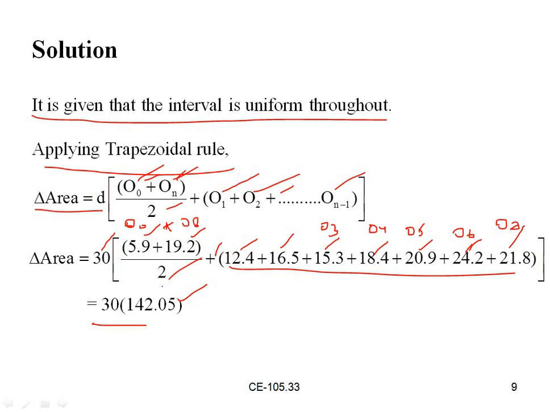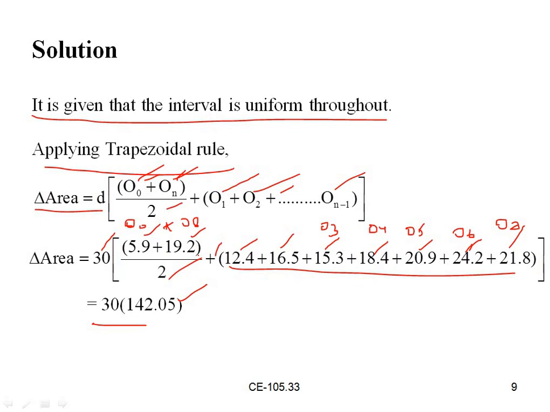After that, divided by 2 here. We will do the calculation also for clear understanding. First, 5.9 plus 19.2 divided by 2, we will get 15.5.